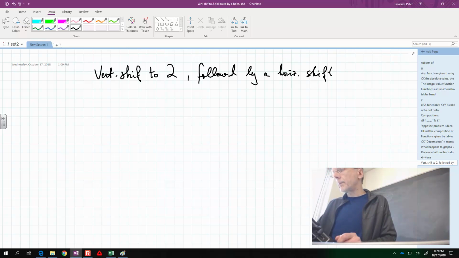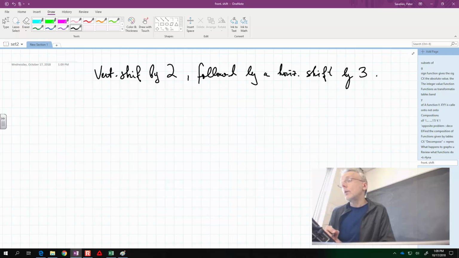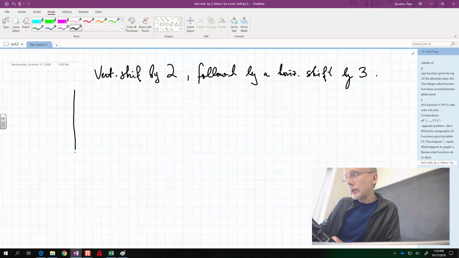Say 2 units up, and a horizontal shift by, say, 3. Okay, so it is literally to be seen as 2 consecutive operations.